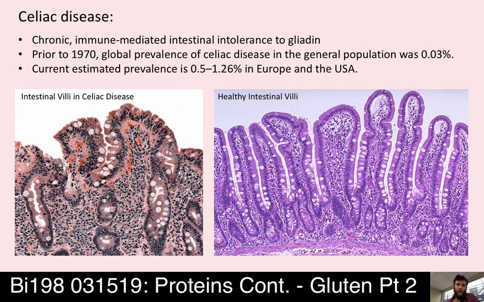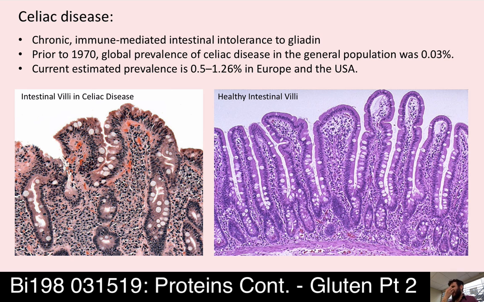So prior to 1970, they said that the prevalence was about 0.03%. That was pretty low. That was 3 out of every 10,000 people, right, had celiac, which is pretty low. But now they believe that the actual prevalence is anywhere from 0.5 to 1.26%, probably right around 1% of people in the United States and Europe.